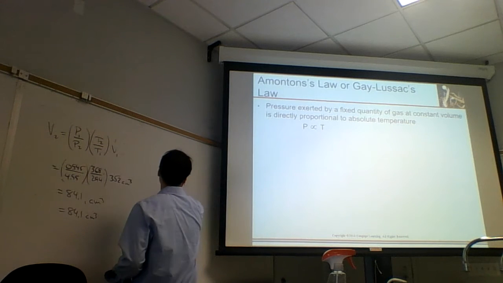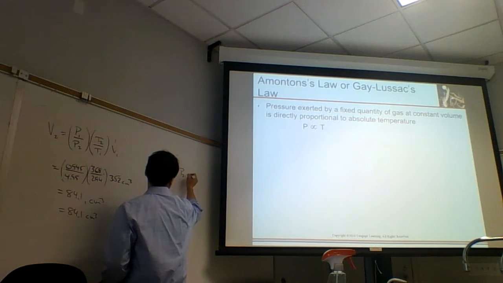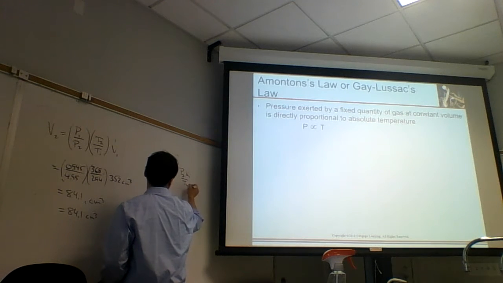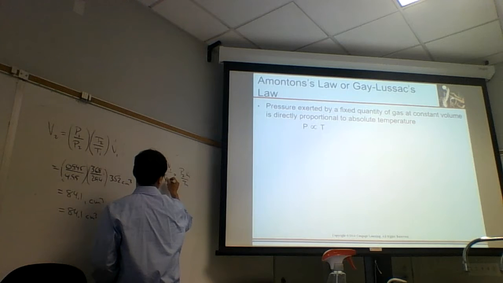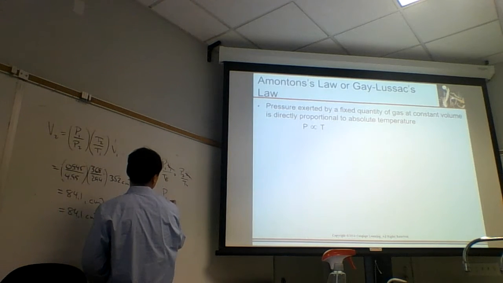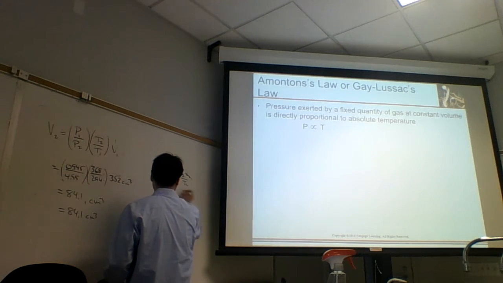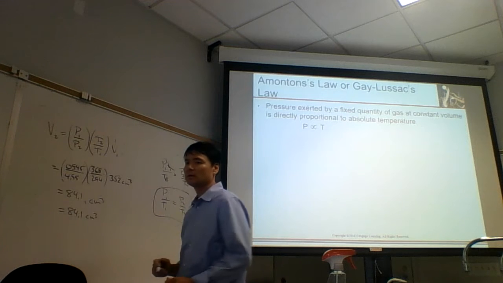So it looks something like this: P1 V1 over T1 is equal to P2 V2 over T2. And so let's say the volume doesn't change, so let's cancel out the volume. Then this would be Gay-Lussac's law: P1 over T1 is equal to P2 over T2.